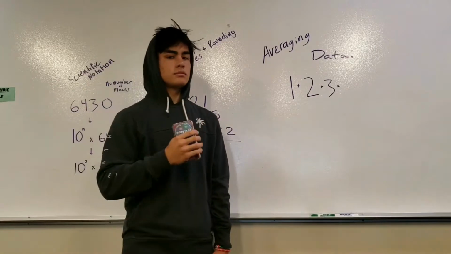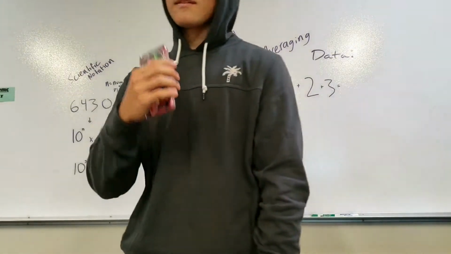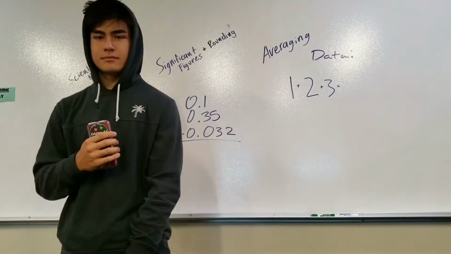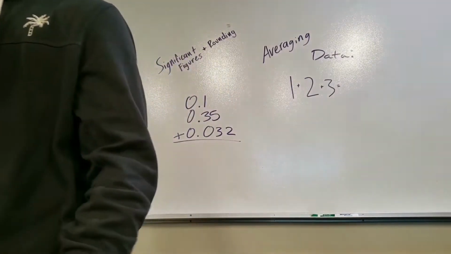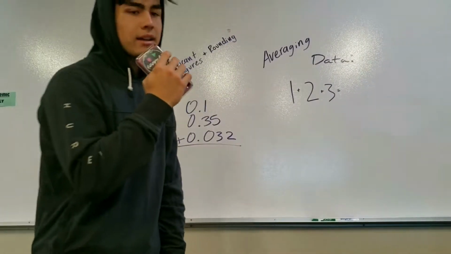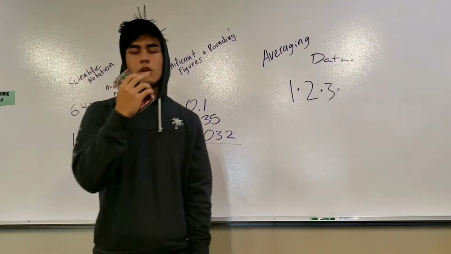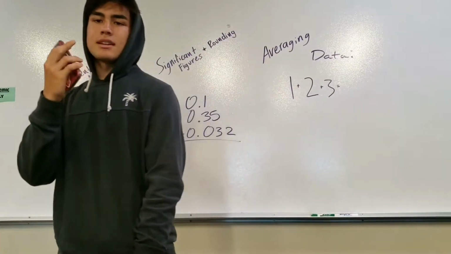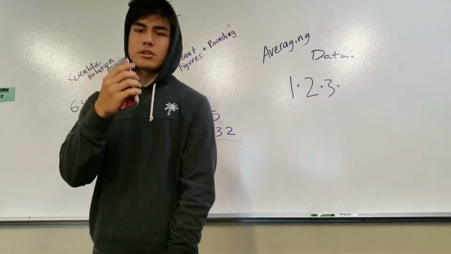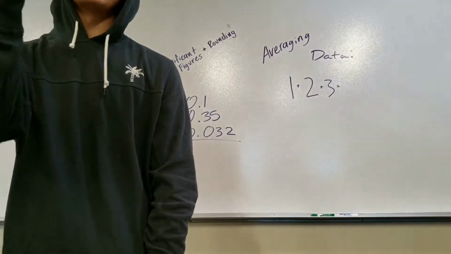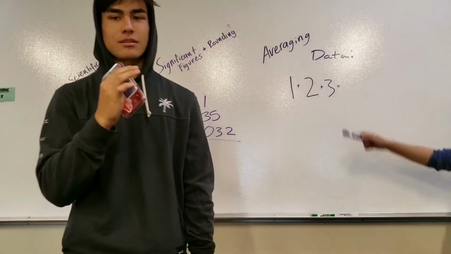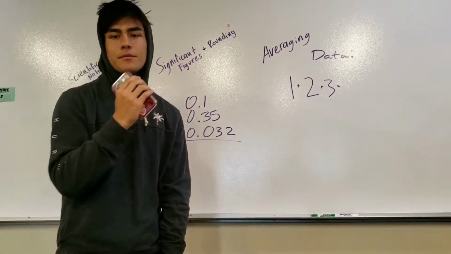Larson. Bobby. Physics. AP. Averaging, rounding, scientific notation, significant figures. Make sure that number don't get big. 1 trial, 2 trials, 3 trials, like my data.